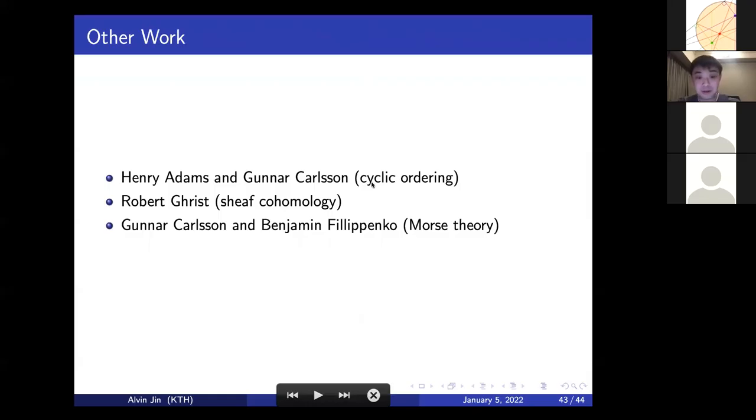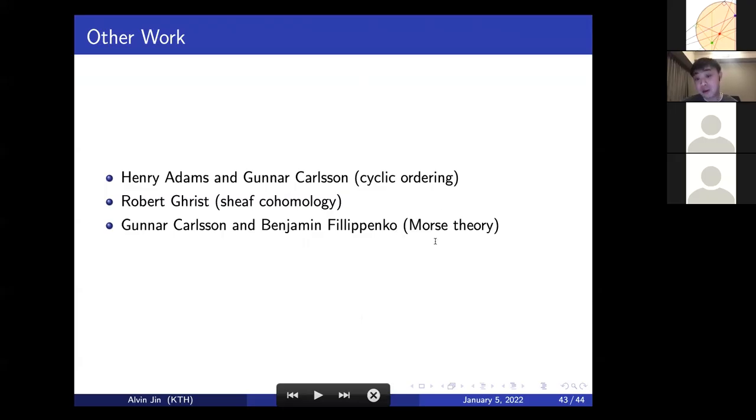And what are other people doing? Well, there's something called sheaf cohomology that maybe Simon also has mentioned, where you glue things together and count holes in a more special way.